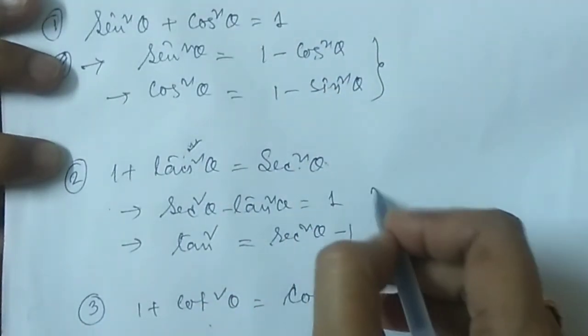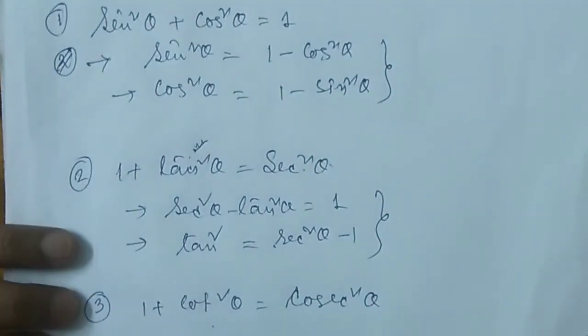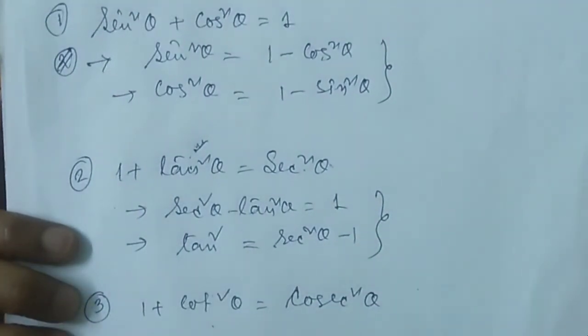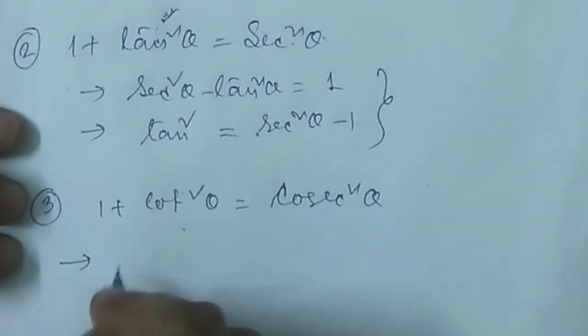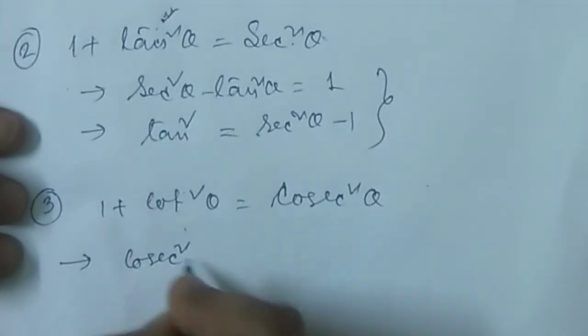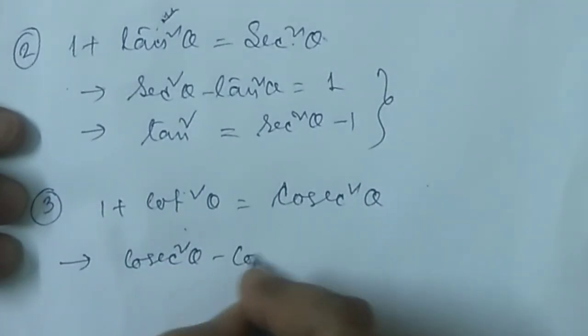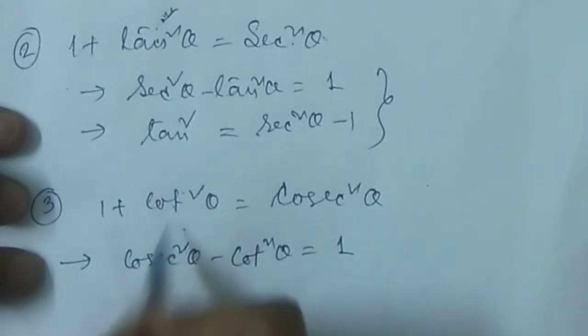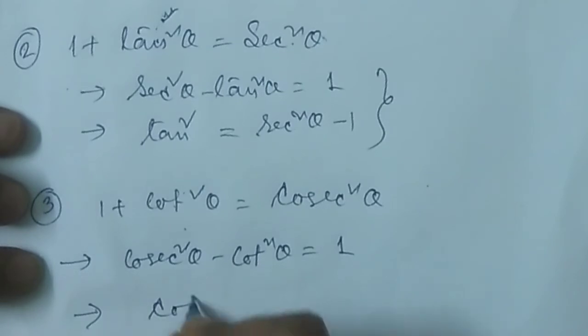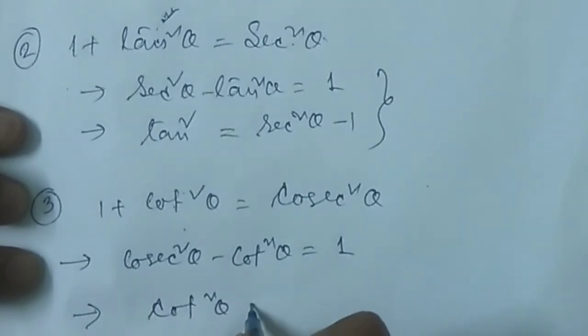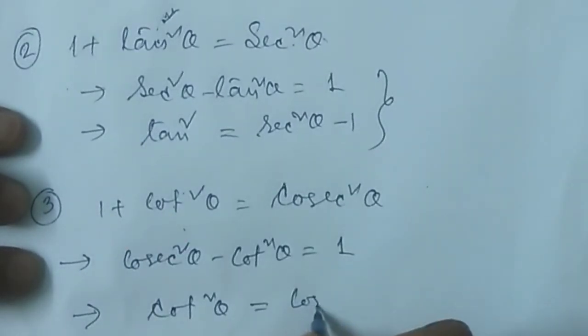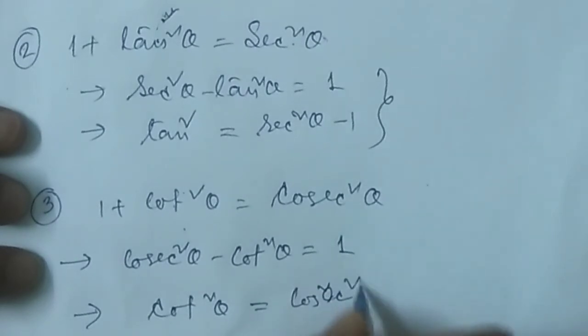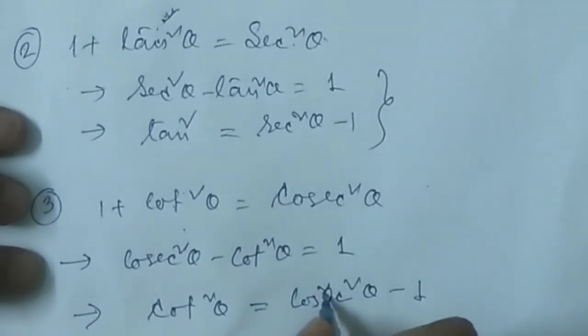So here are two results. Similarly here also you will get two results. Cot square theta you shift there, then cosec square theta minus cot square theta. That will give you 1. And if you find cot square theta, then it will give you cosec square theta minus 1.